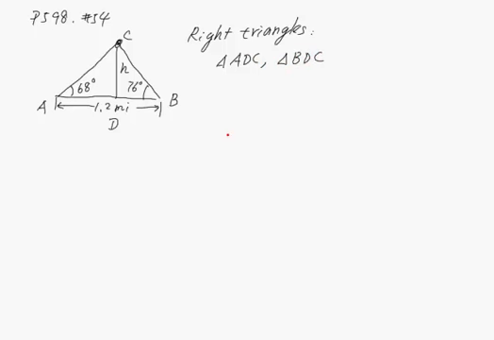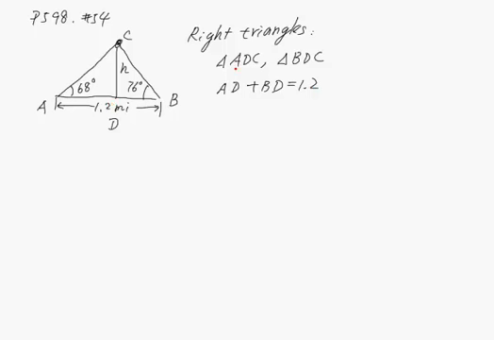In these two right triangles, we may first find AD and then find BD. And you know AD plus BD is equal to 1.2 miles. In this way, you can set up an equation in the unknown H. So let's first use H to find AD and BD.